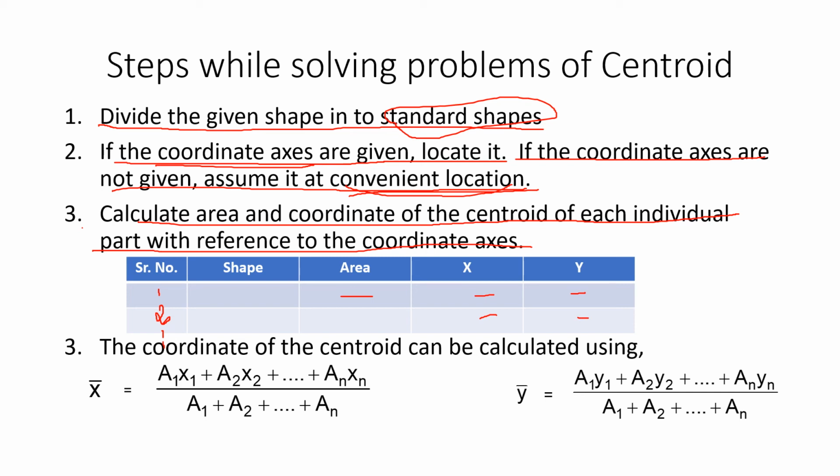So in short, we have to find x and y for each standard shape with the help of the previously given formulas. In the previous slide I have given you the formulas, and with their help we'll find x and y for each standard shape.